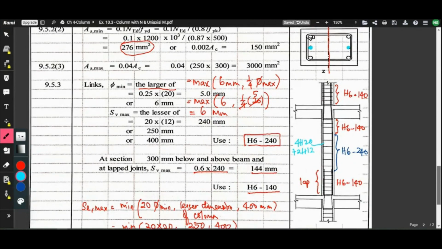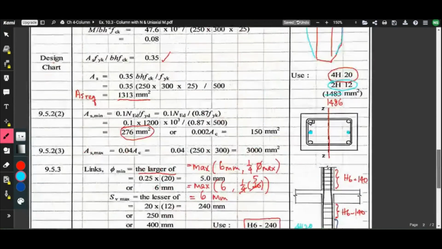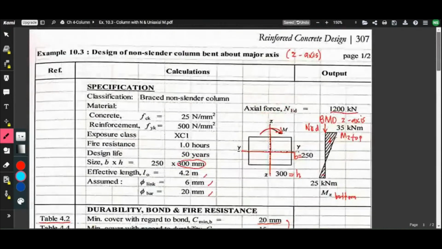So that's it for the design of a short column with uniaxial moment.